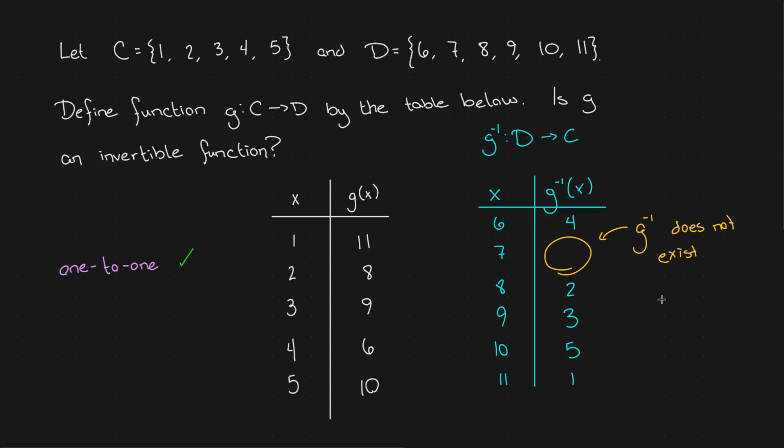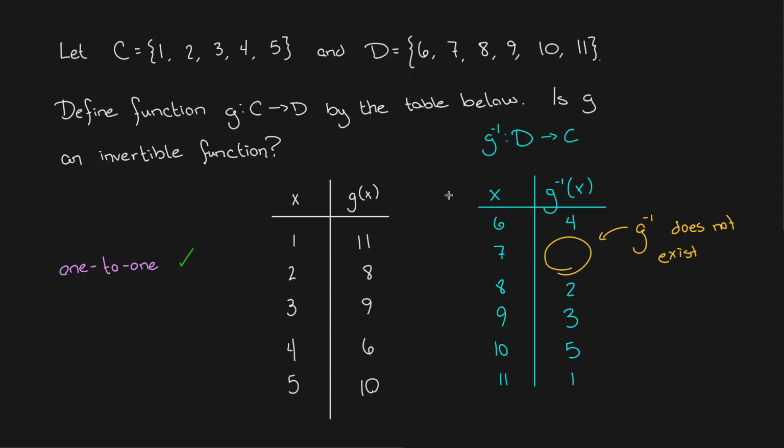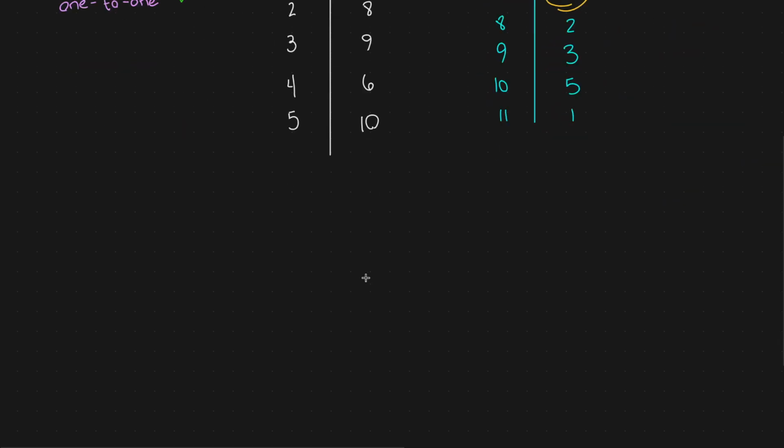The problem this time is that we're one-to-one, but there are values in the codomain that the domain does not map onto, specifically 7. 7 is never mapped onto. So this is going to be the second criterion that we need to have for a function to be invertible.